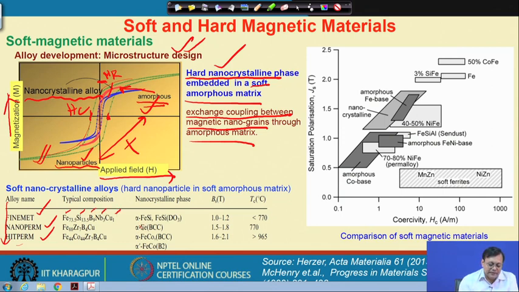So, in the phase we have alpha iron silicon phase, which is the nanoparticle or nanocrystalline grain that is embedded in a matrix of amorphous phase. The saturation magnetization is around 1 to 1.2 Tesla, which is quite high, as well as the Tc, that is the Curie temperature, that is less than 770 degree centigrade.